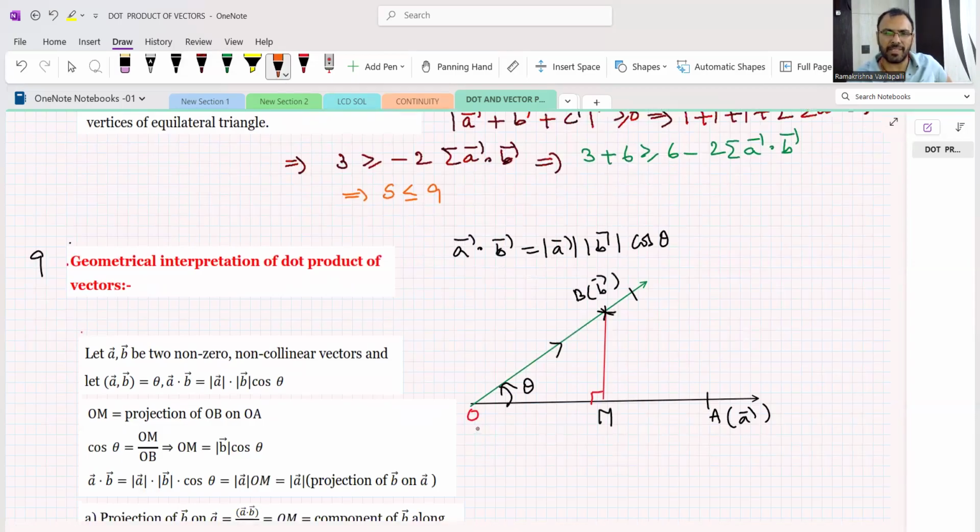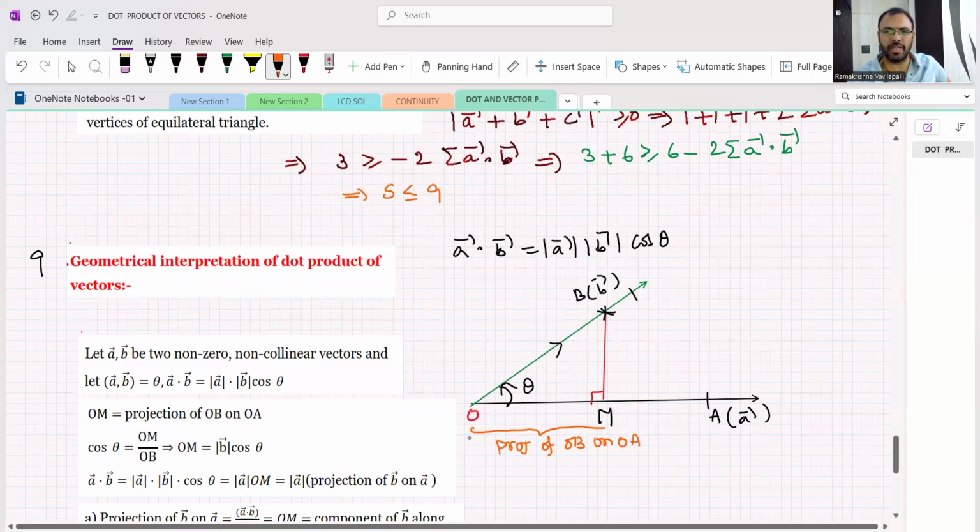This OM is called the projection of OB on OA. This is the technical term: projection of OB on OA.